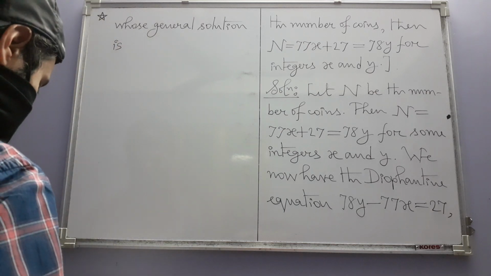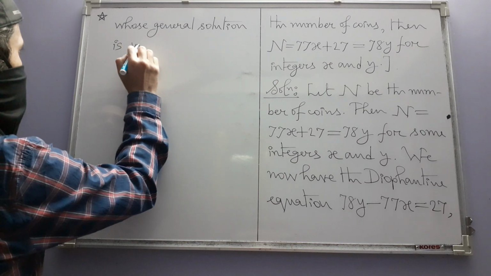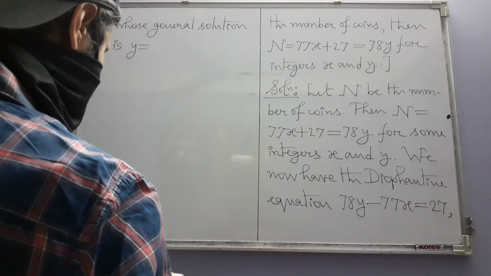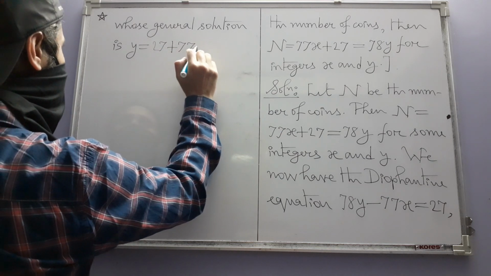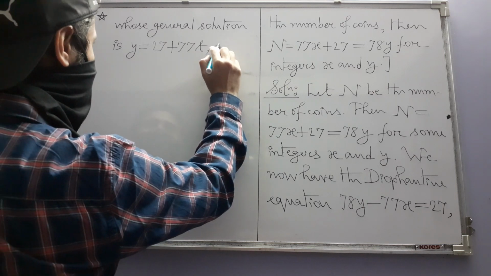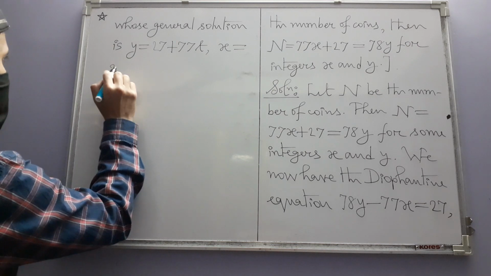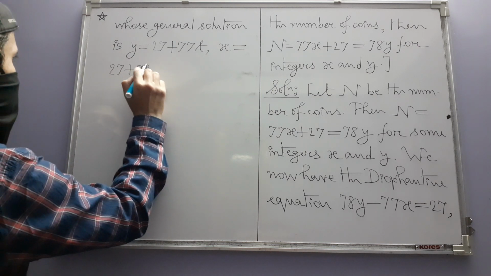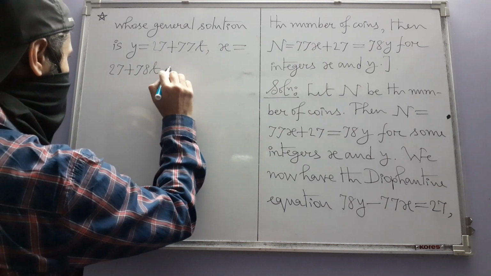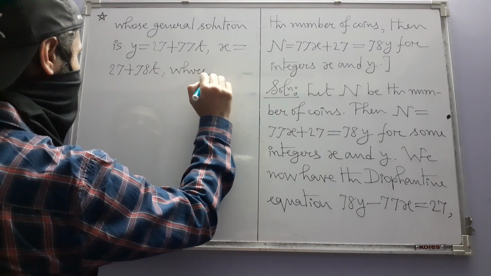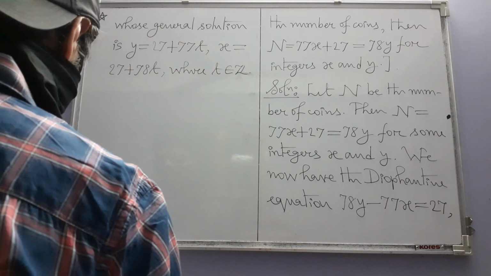Whose general solution is this: y equal to 27 plus 77t, and x is equal to 27 plus 78t, where t is an integer.